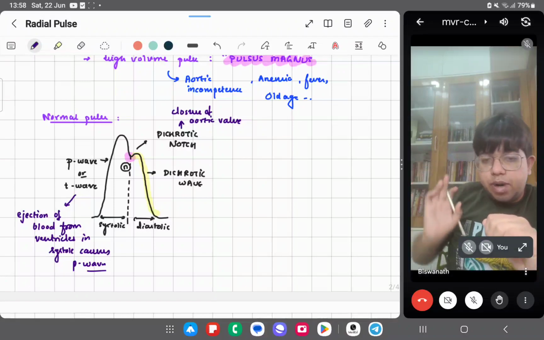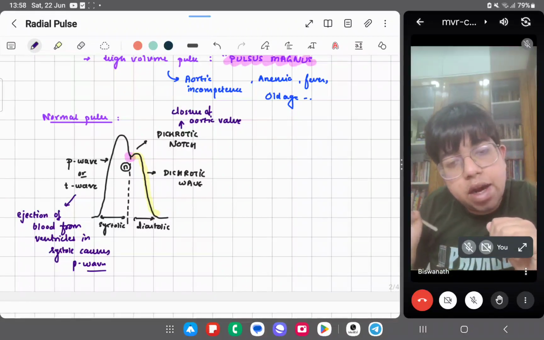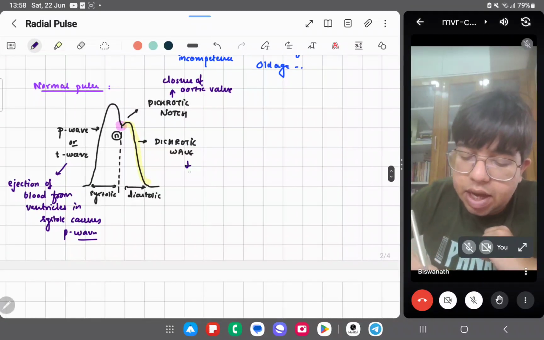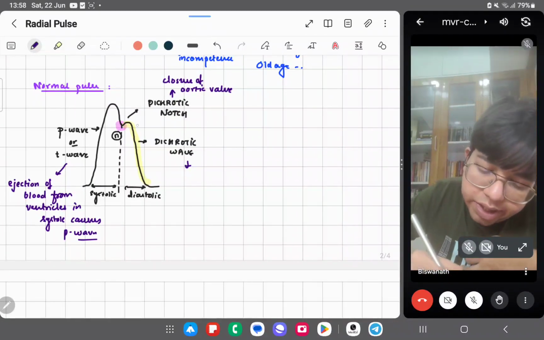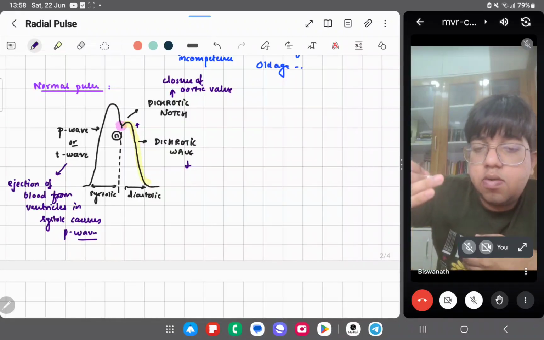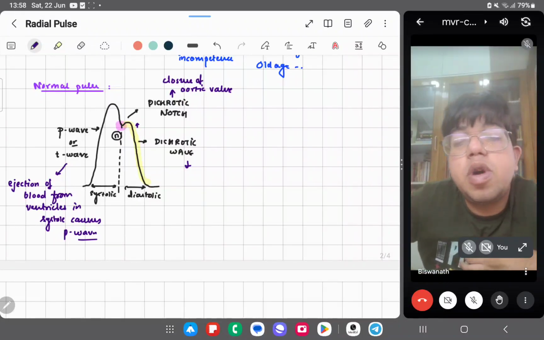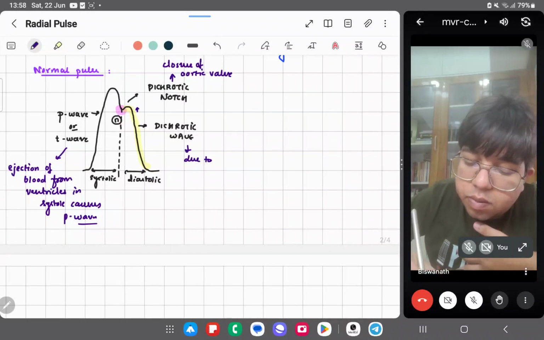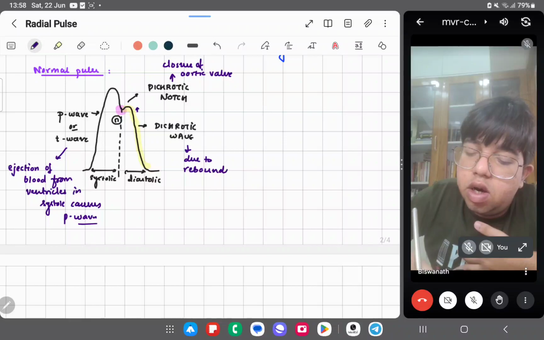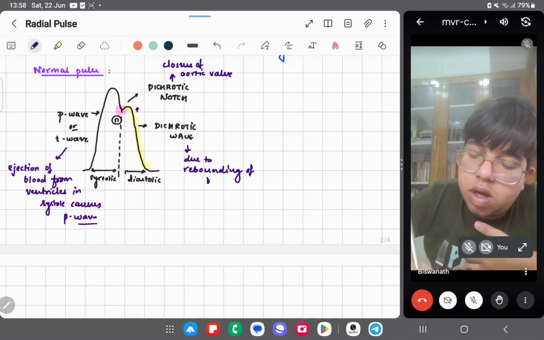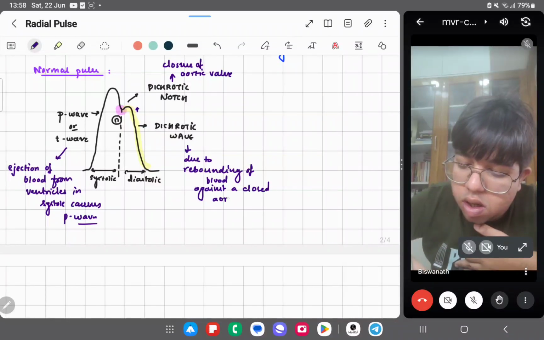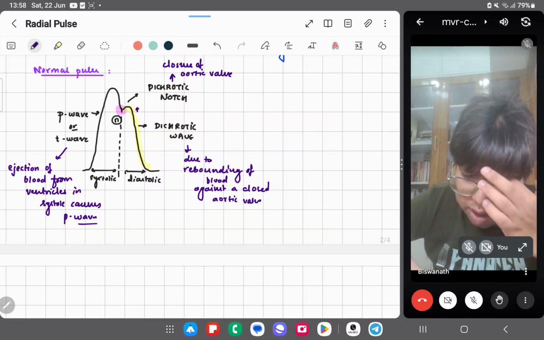So basically, the blood will try to rebound, but it can't. It tries to rebound, right? So this dicrotic wave appears. This more positive wave is appearing due to rebounding of blood against a closed aortic valve.